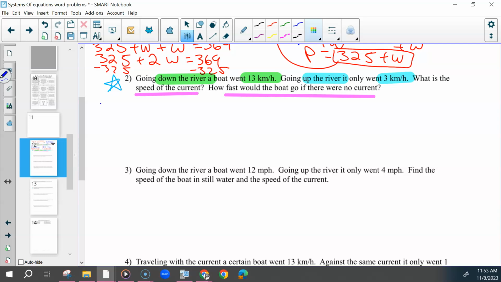So I'm going to call that C, and I'm going to put current, but then in parentheses I'm going to put river speed. So we know that's what it's talking about, not like present day speed. And then how fast would the boat go if there were no current? This is asking for the boat's speed if the river is not moving. I'm going to call that B for boat speed.